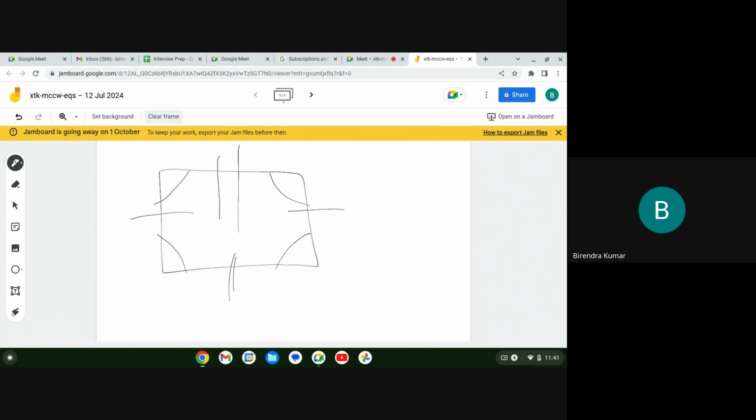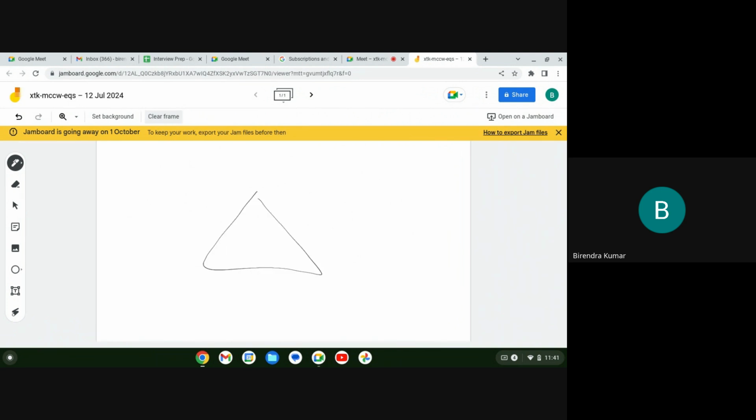That is what defines a quadrilateral or a triangle. If I'm talking about a triangle, what are the properties? Properties are sides and the angles. So when we say two shapes are congruent, we are saying their properties are matching. That will be our simple interpretation.